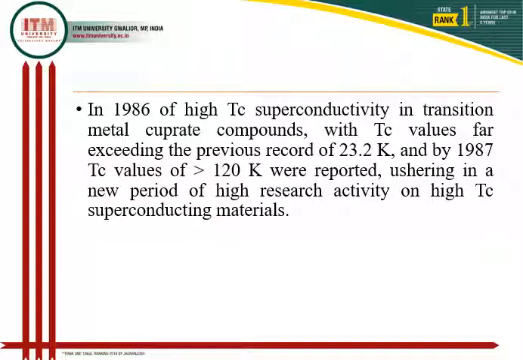This started a new period of high research activity in high TC superconductors. But till today, even after a lot of things have been done, they have not obtained a superconductor at room temperature.